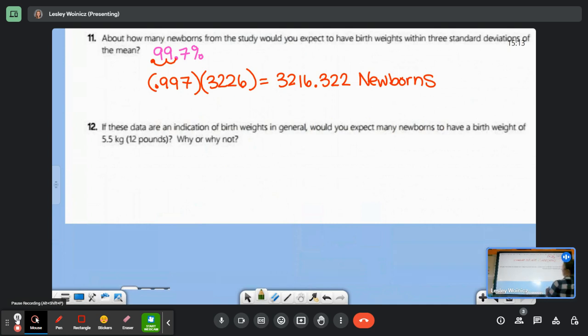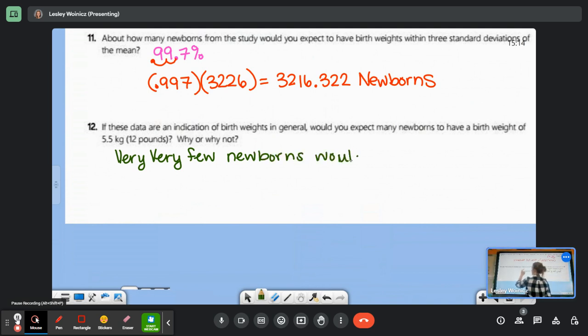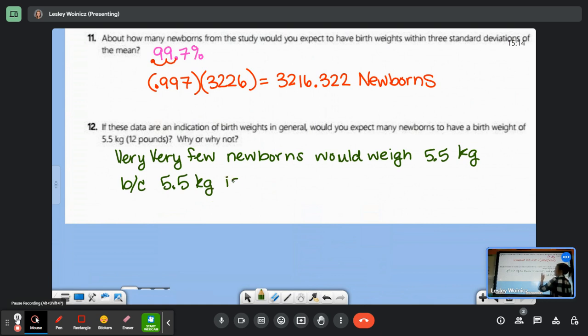We would say very few newborns would weigh 5.5 kilograms because 5.5 kilograms is more than 4 standard deviations away from the mean.